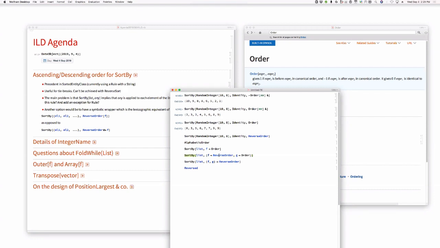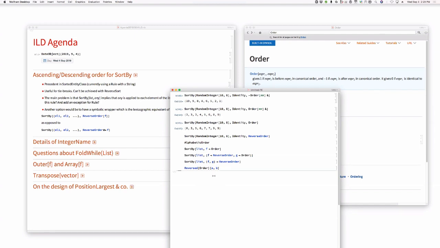Yeah, so what I'm saying is we need a function, let's call it reversed order or order reversed, that takes an ordering function and then 2 arguments, and then it's like reversing those 2 arguments. So it would be a very simple definition. It would be reversed. Okay, so reversed. You're saying that this will return effectively minus.